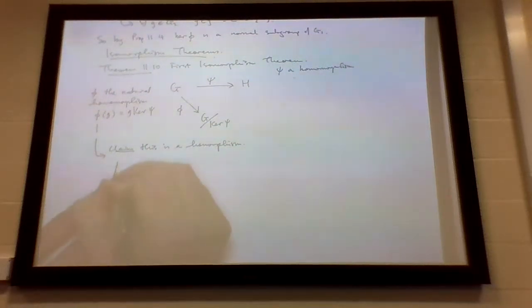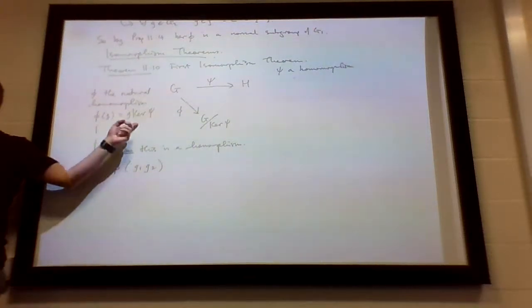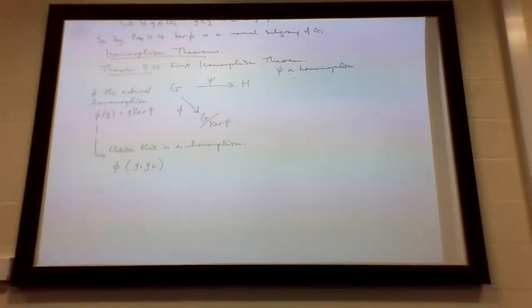To prove it's a homomorphism, we want to consider phi(g1 g2). Here's the definition of phi: it's the left coset of the kernel corresponding to that element, g1 g2.